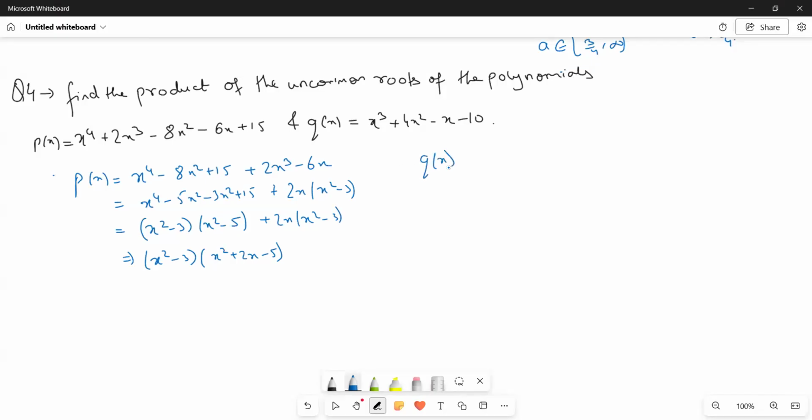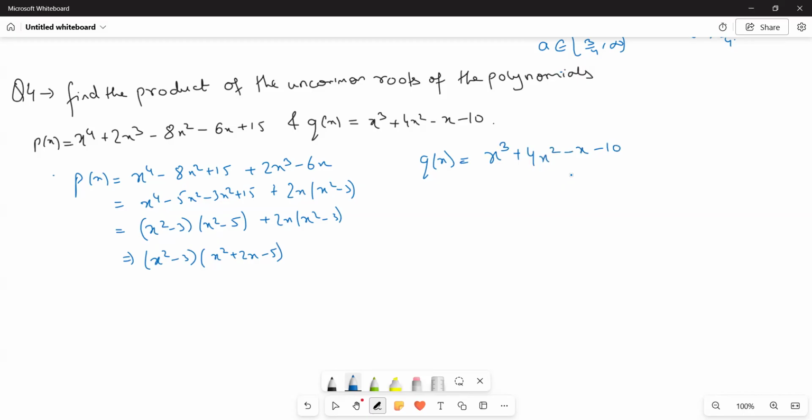Now let's say that we try to factorize Q(x). So for Q(x), if you notice, x cubed plus 4x square minus x minus 10.